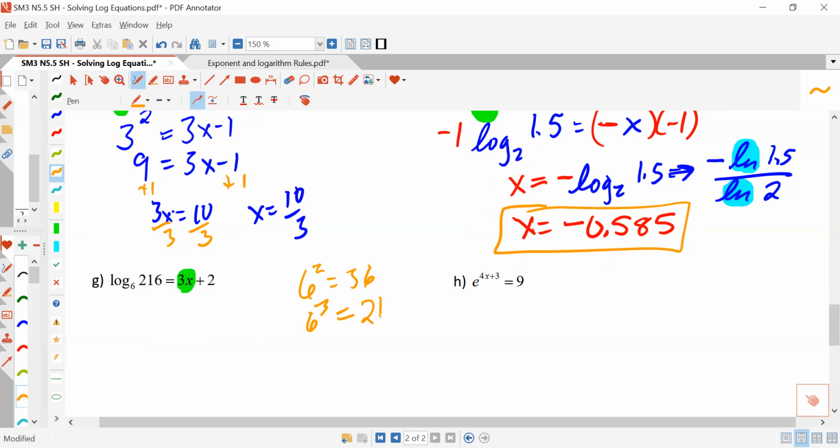Oh, hey, look, that is 216, check. Otherwise, you can change the base, or do ln of 216 over ln of 6 in the end. So what I get is 3 equals 3x plus 2.